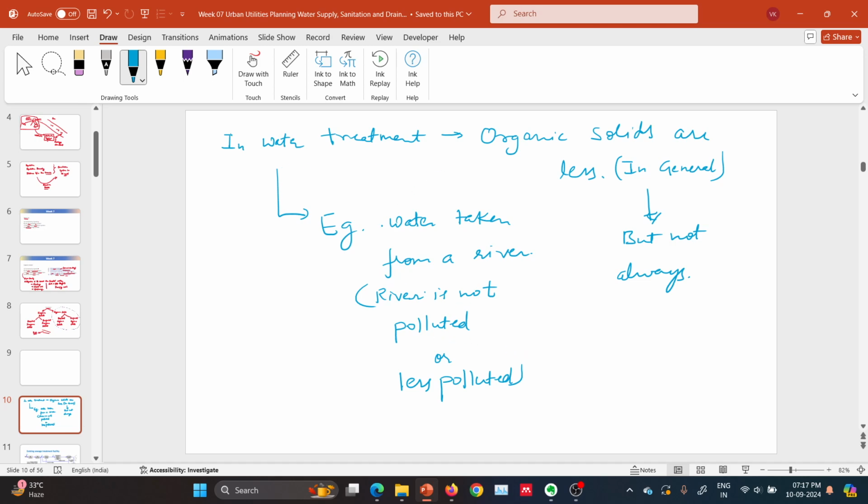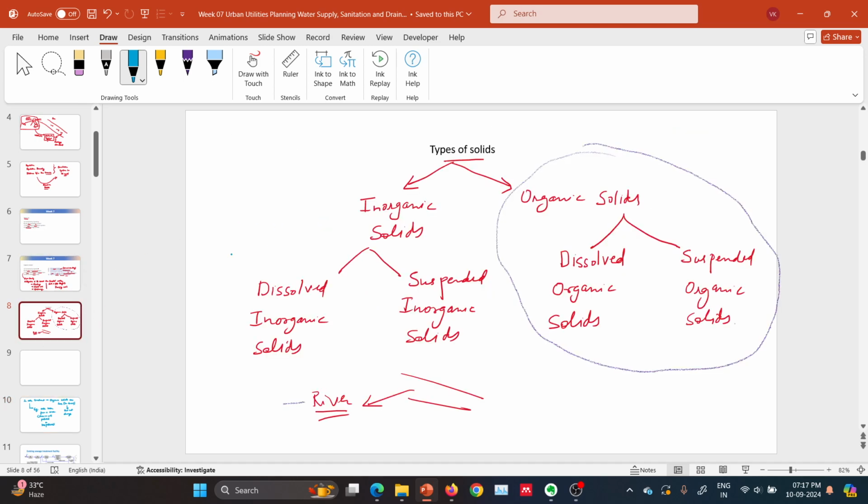So if water is taken from a river which is less polluted, it will contain very little organic solids, both in suspended and dissolved form. So in case of water treatment, inorganic solids are dominant. Dominant in the case of water supply.